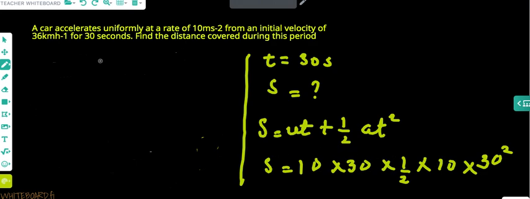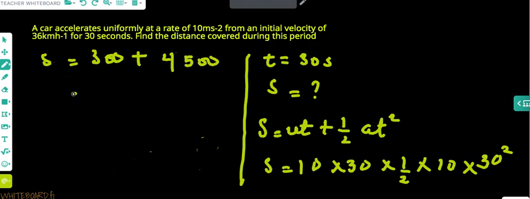So s equals 300 plus 5 times 30 squared, that is 900, 4,500.